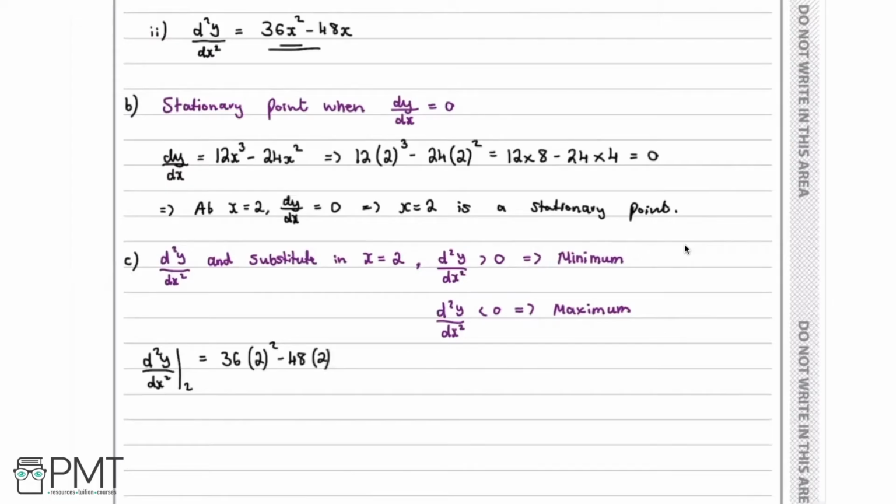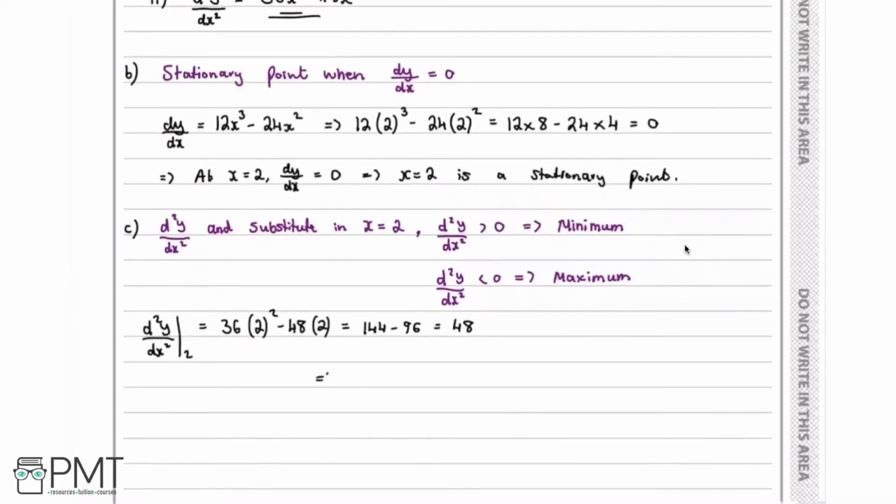So carrying out this calculation, we have 144 minus 96, which is equal to 48. Then we can see that 48 is clearly greater than 0, which implies that we have a stationary point which is a minimum.